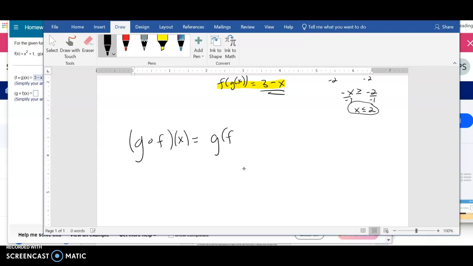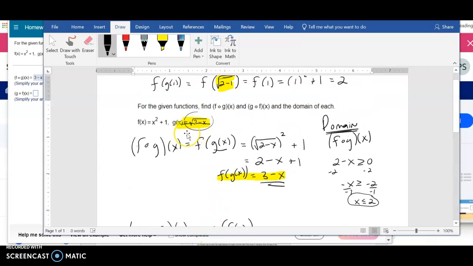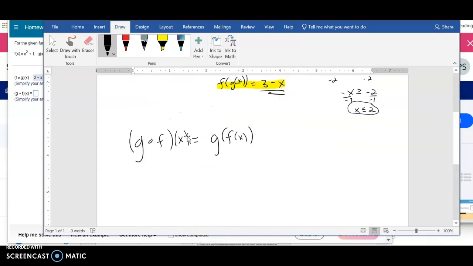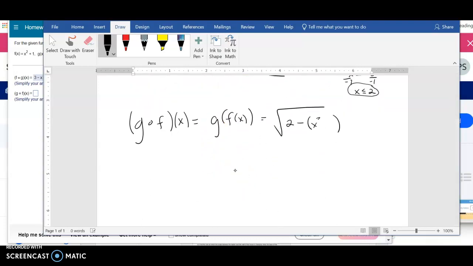equals, I like to rewrite it using this notation because that tells me everywhere in g, instead of x, I'm going to plug in f. Okay, so g is the square root of 2 minus x. So I draw a blank space there and I plug in the entire function f, and then I simplify. So be careful, you got to distribute the negative.